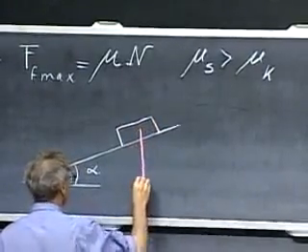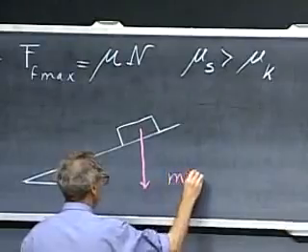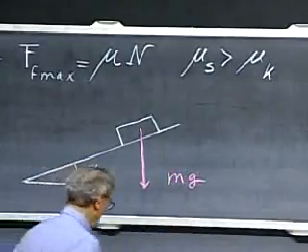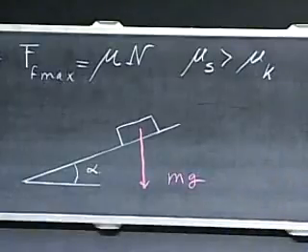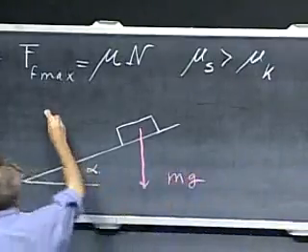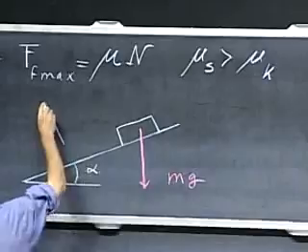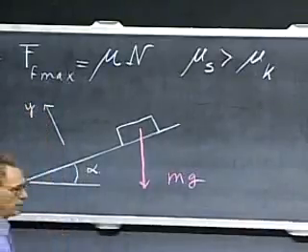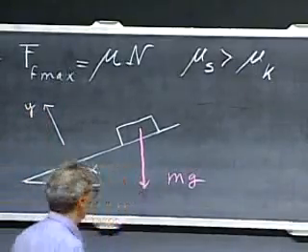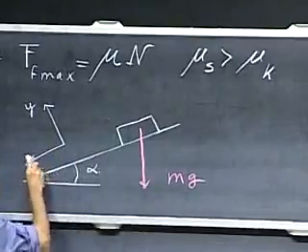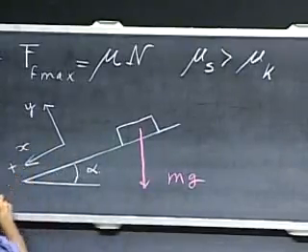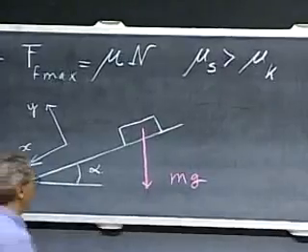This is the gravitational force mg, which I will decompose in two forces. One in the y direction, which I always choose perpendicular to the surface, and another one in an x direction. You're free to choose this plus or this plus. I will now choose this, the plus direction. I'm going to decompose them.